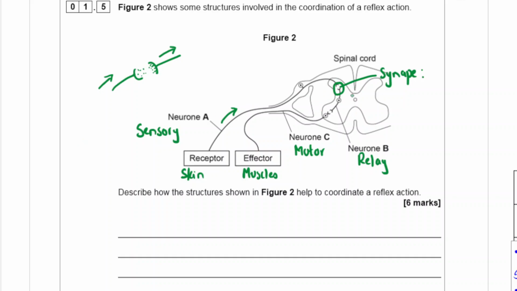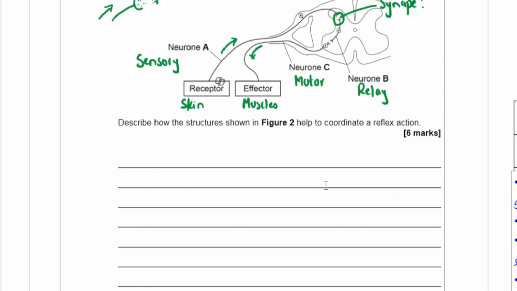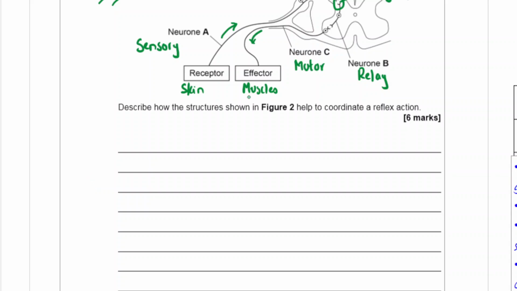Once it crosses the synapse, it is passed on to the relay neuron, and at the end of the relay neuron, there's another synapse where neurotransmitters move across to the motor neuron, and then the response is relayed through the motor neuron to the effector organ, in this case muscles. And what does the muscle do? It contracts. If it was a gland, it would release a hormone, and that's the reflex action.